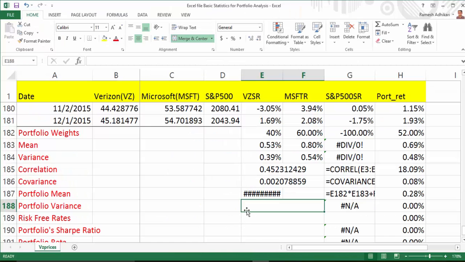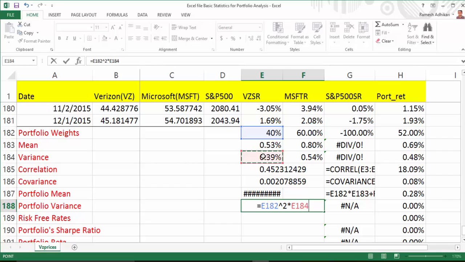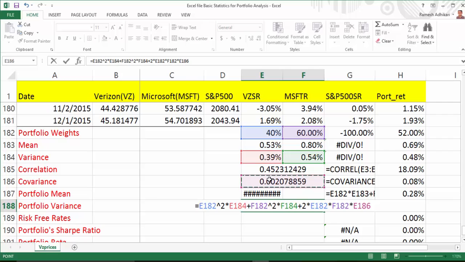So here, what you have to do is the weight on Verizon to the power 2, which is the square of the weight, times the variance of the Verizon stock, plus the weight of the Microsoft stock to the power 2 times the variance of the Microsoft stock, plus 2 times the weight on Verizon times the weight on Microsoft times the covariance right here. That's all we need.